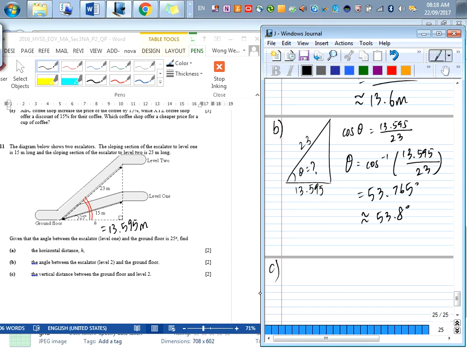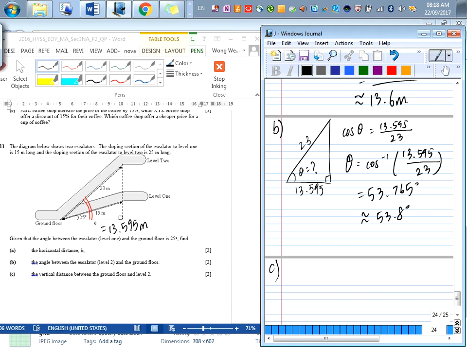Afiq has suggested using Pythagoras theorem. Since we know the adjacent and the hypotenuse, I can find out the opposite using Pythagoras. Are there other ways? Yes, definitely. I know the angle over here, which is 53.765. I can use tangent, I can use sine. Either sine or tangent, I can also find my answer.